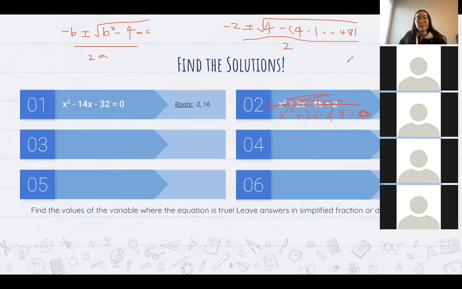And so now we have to simplify further. So -2 plus or minus the square root of, so 4 times 1 times -48. What does that equal? That would be negative 196. Negative 196. Okay, wait, -48 times 4 would be -192.